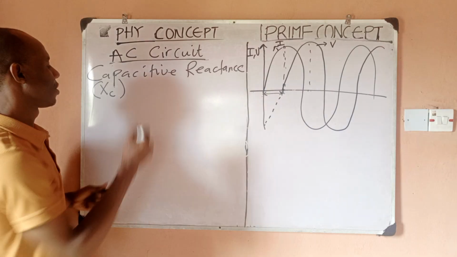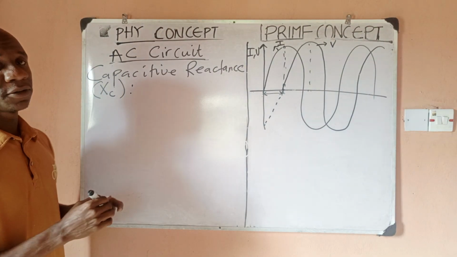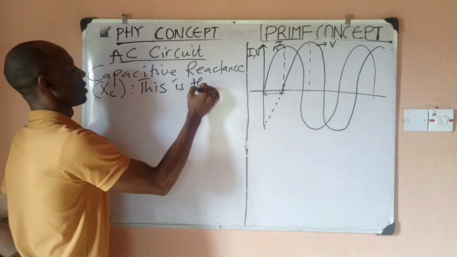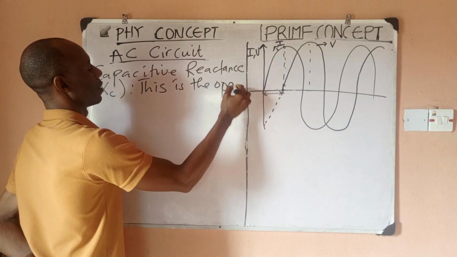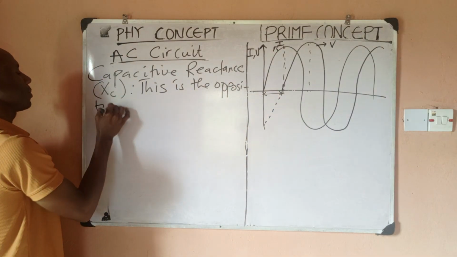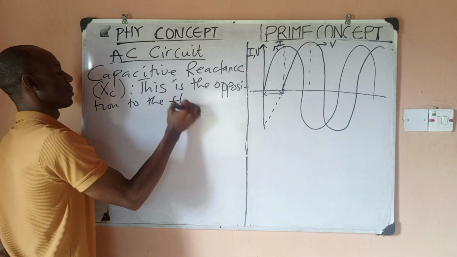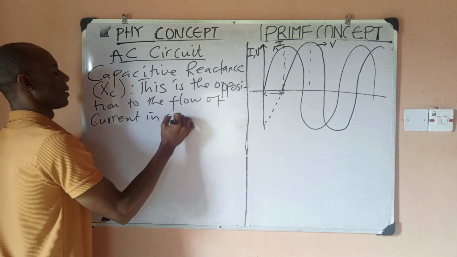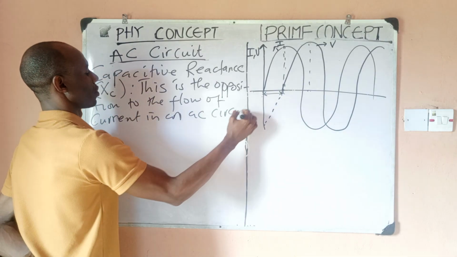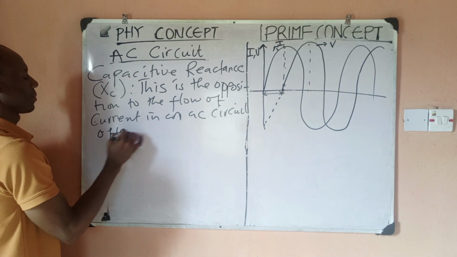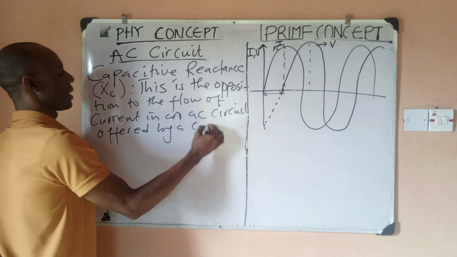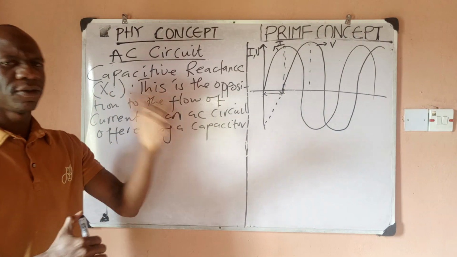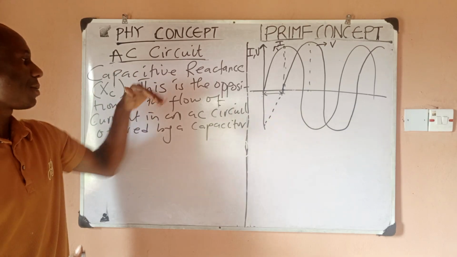So let's state it normally. Capacitive reactance is the opposition to the flow of current in an AC circuit offered by a capacitor.